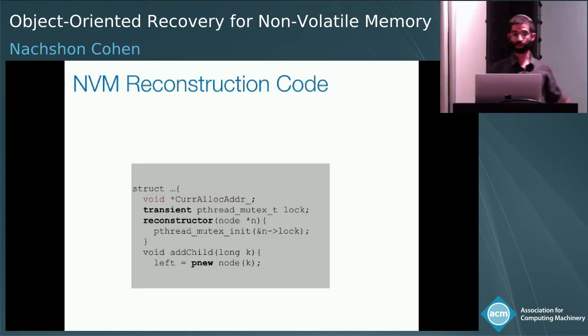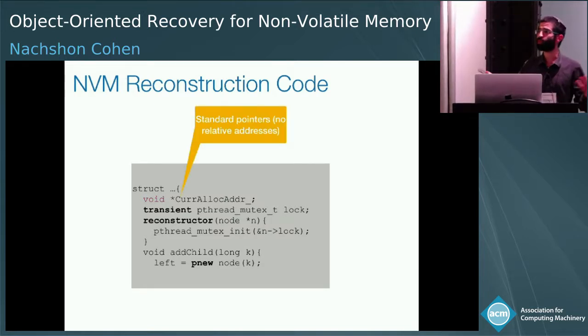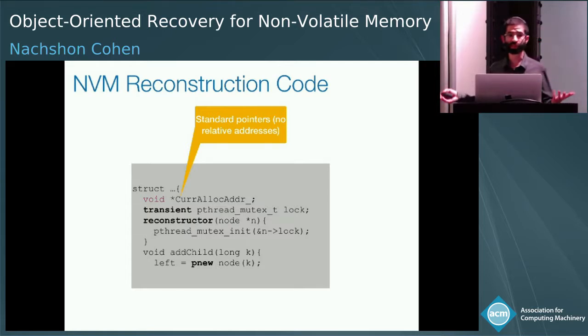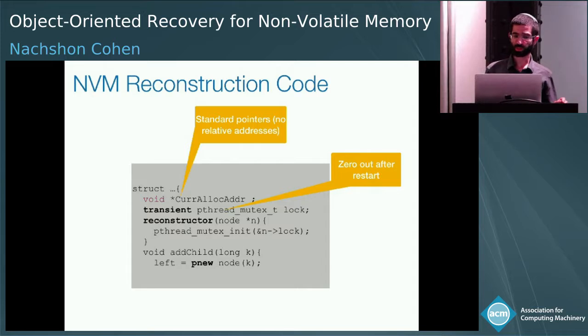This is how a programmer would use NVM Reconstruction. First, notice that the application can just use standard pointers, with no need to store offsets. In addition, the programmer can use a transient modifier, saying that our lock is transient, which means that when we restart the application, the system will ensure that this lock is zeroed out before the application continues.